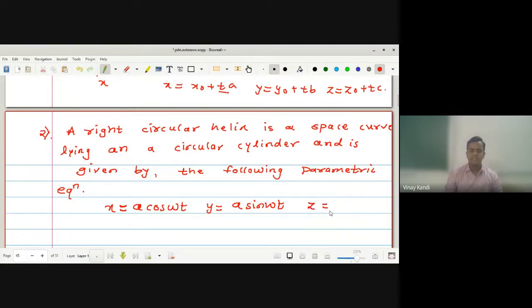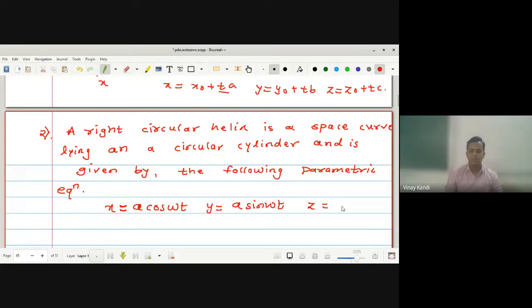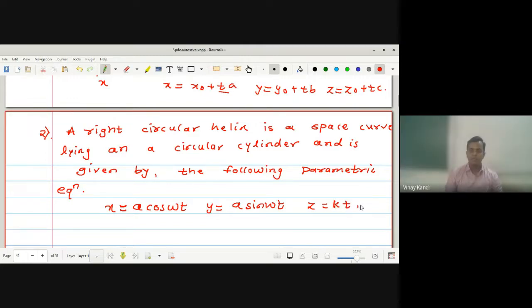Z is equal to b t or k t, where t belongs to R, a real number, and a, omega and k are constants. Okay, so this is the equation of a helix, a right circular helix in 3D space.